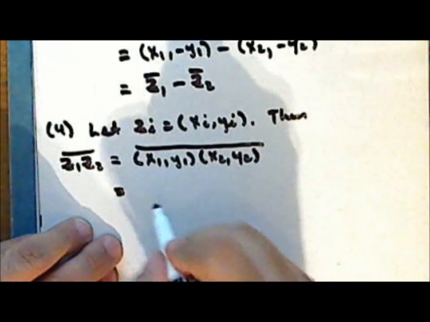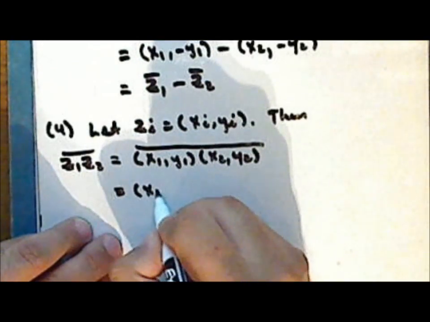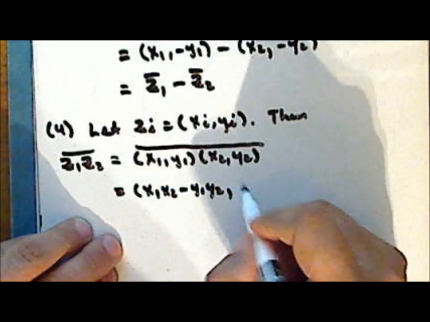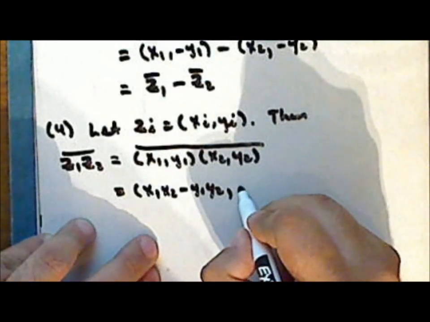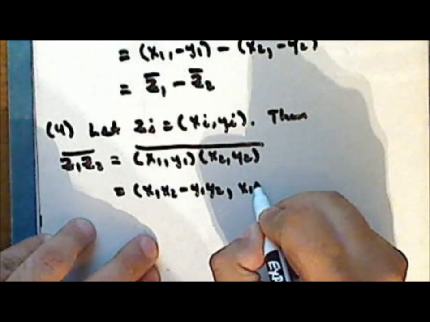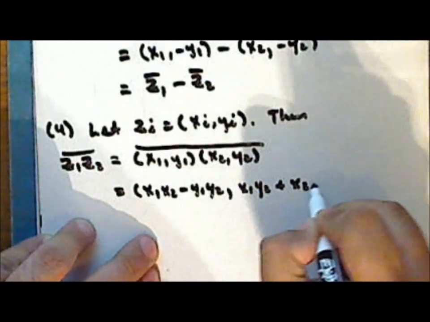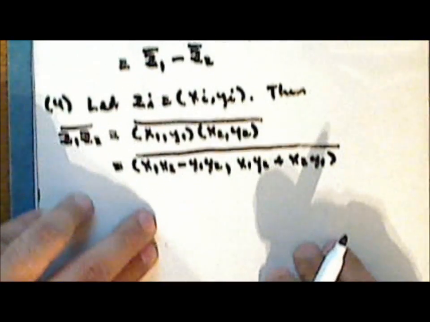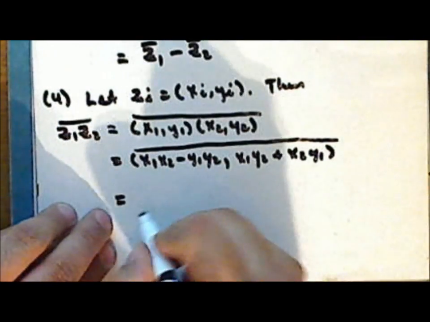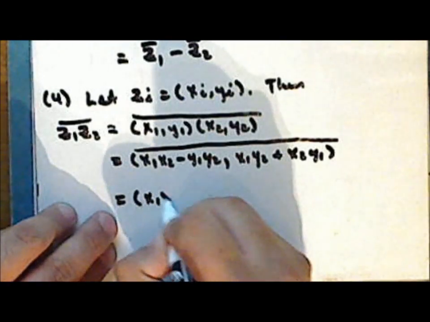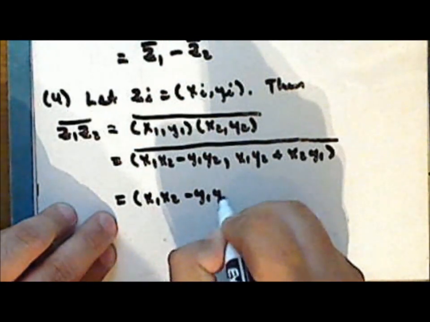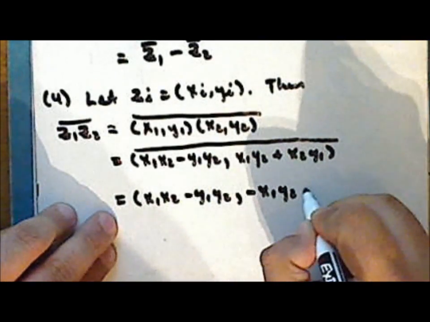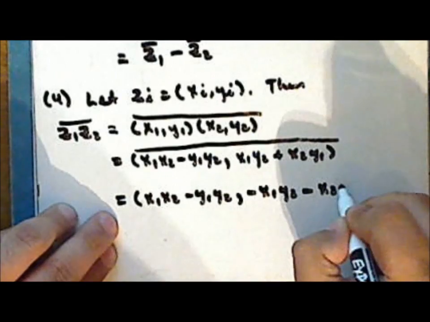This is the conjugate of the ordered pair with real part x1 times x2 minus y1 times y2, and imaginary part x1 y2 plus x2 y1. The conjugate of this ordered pair is the ordered pair (x1 x2 minus y1 y2, -(x1 y2) minus x2 y1).